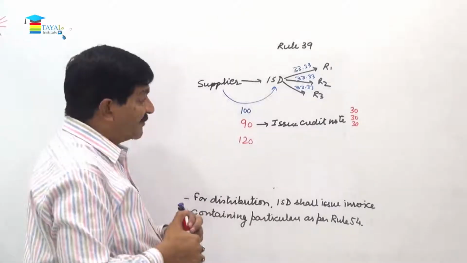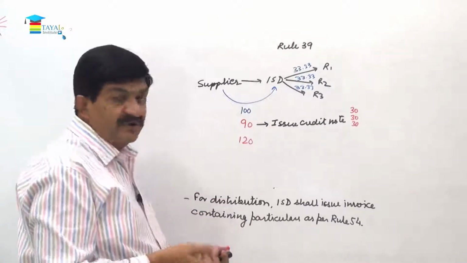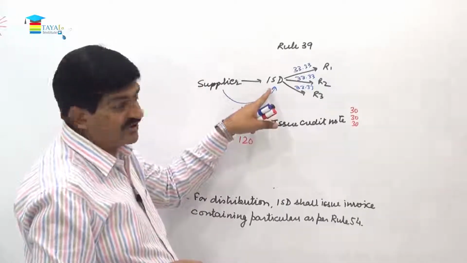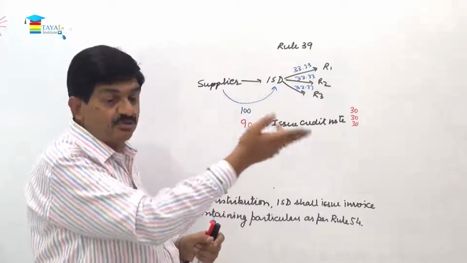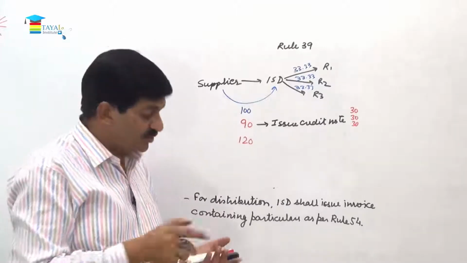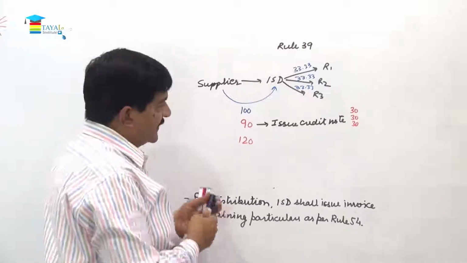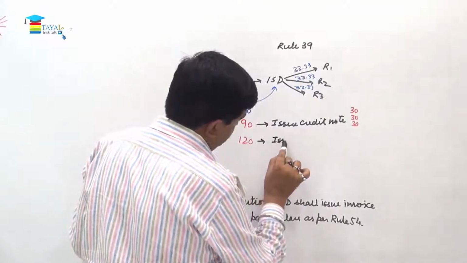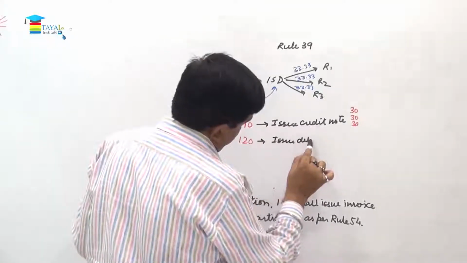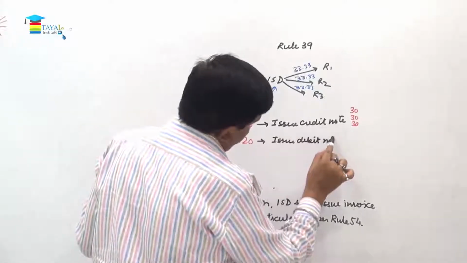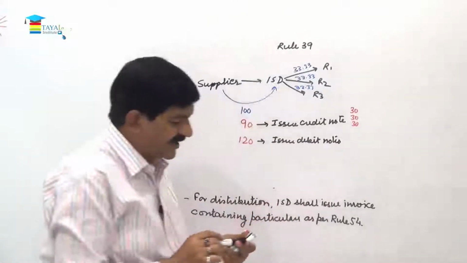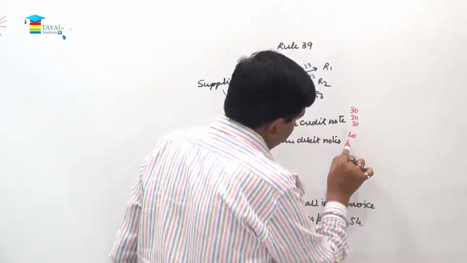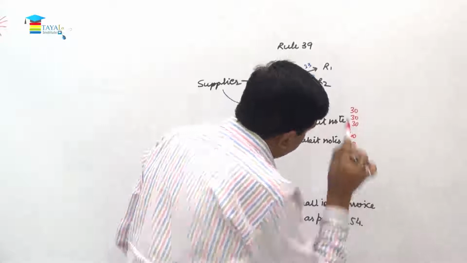Right? But what happens if the value is increased? So in that case, the supplier will issue a debit note to the input service distributor, and input service distributor will issue the debit note to the recipients. Right? So in this case, issue debit notes. So the value of the credit will increase. This will become 40. Right?